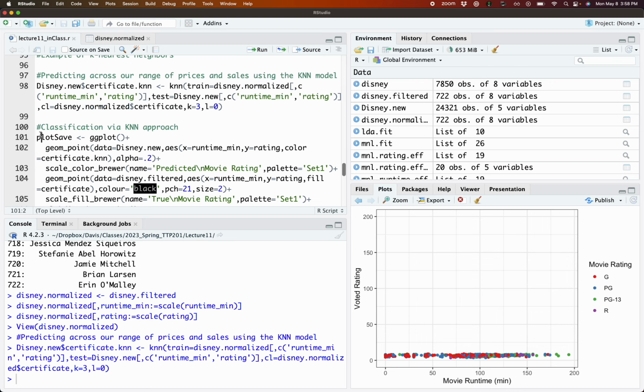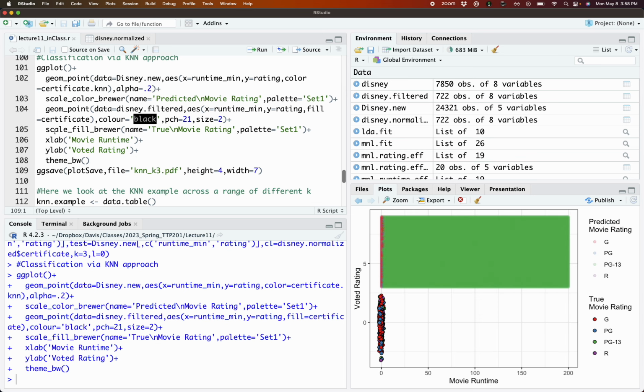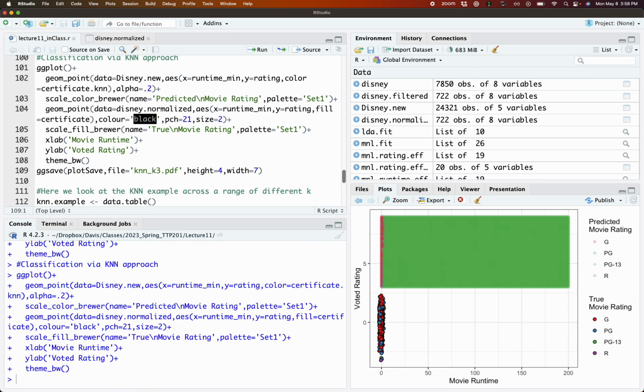Oops. Whoa. It's probably because it's still the Disney flavor. Please work. No. Oh, is Disney new, not skip? Okay, that's why. Hang on.